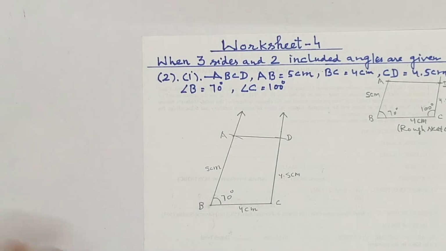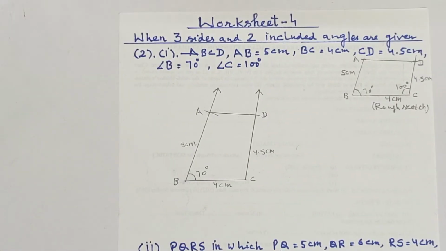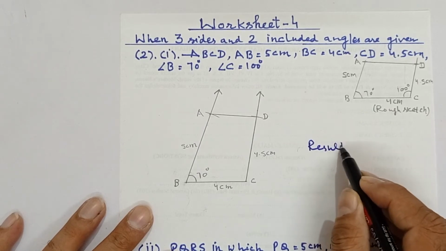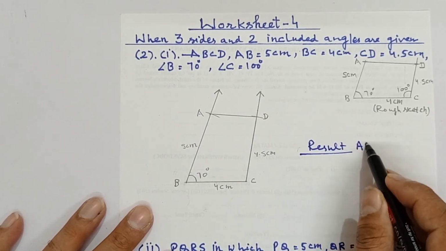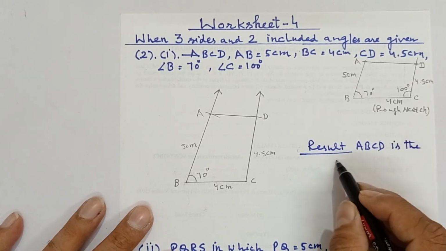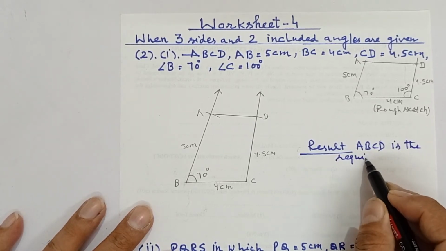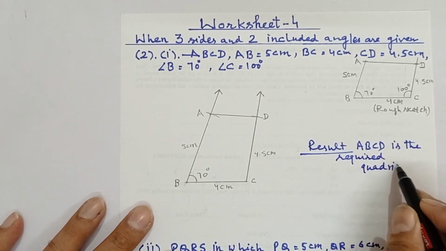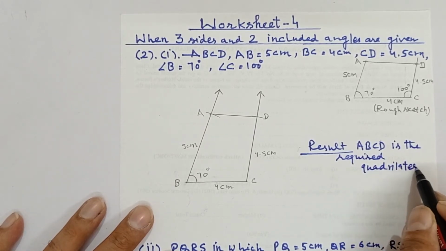So this way quadrilateral ABCD has been constructed. Result: ABCD is the required quadrilateral.